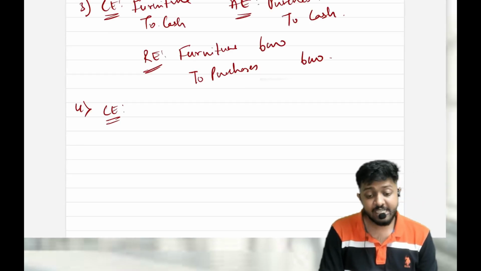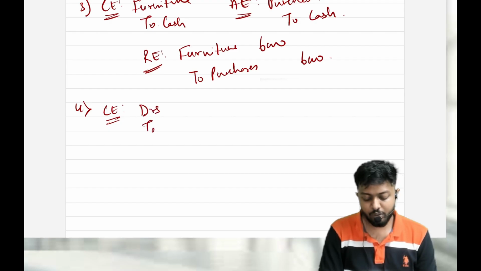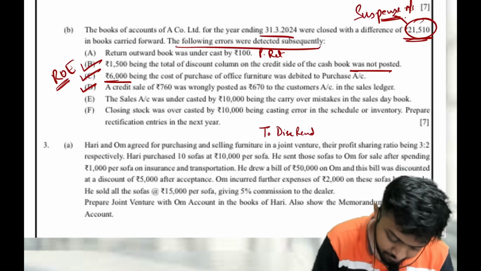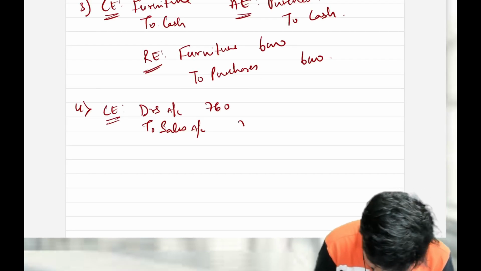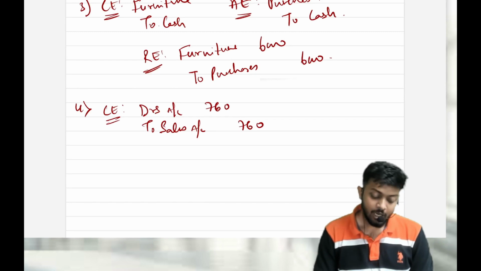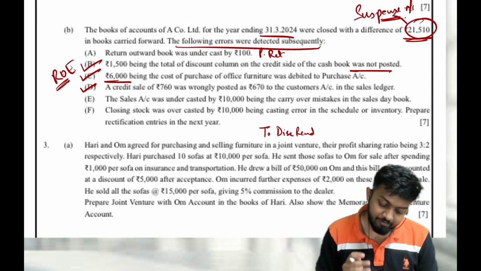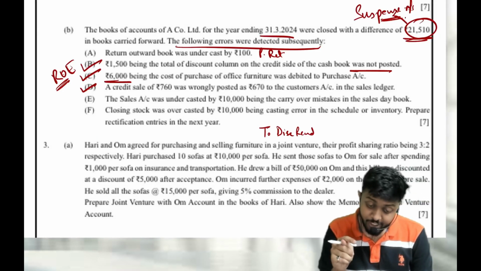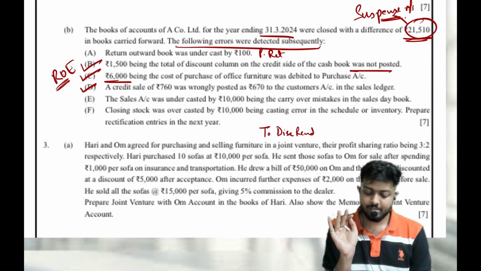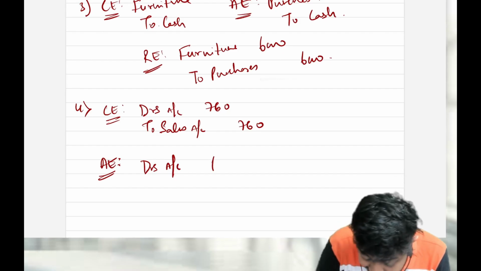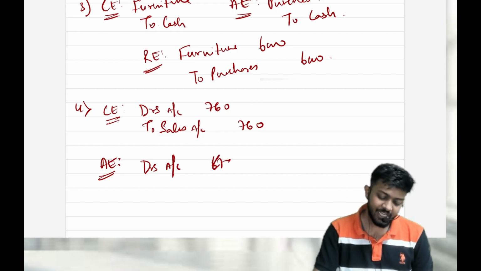It was a normal credit sale, so the correct entry is debtors account debit to sales account, for 760. But in the actual entry, the credit sale of 760 was wrongly posted as 670 in the customer's account. So be very careful: debtors account was not posted as 760, instead they made it 670.